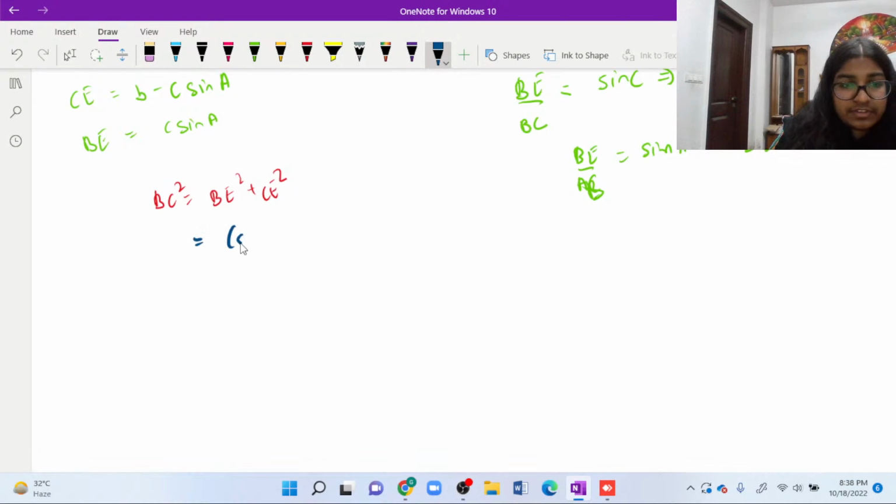BE square, which is C sin A square, plus CE square, which is B minus C sin A square.